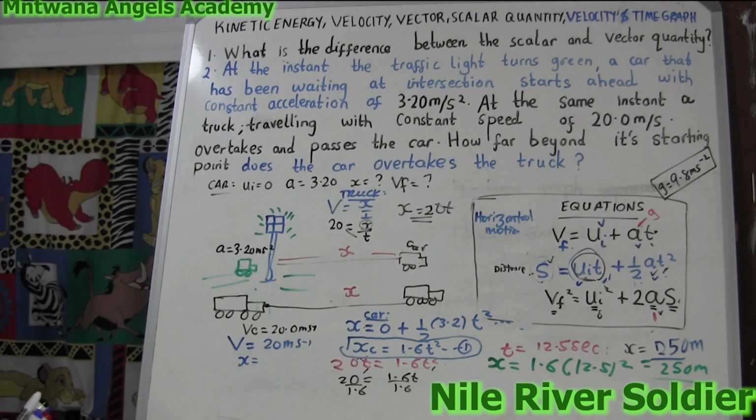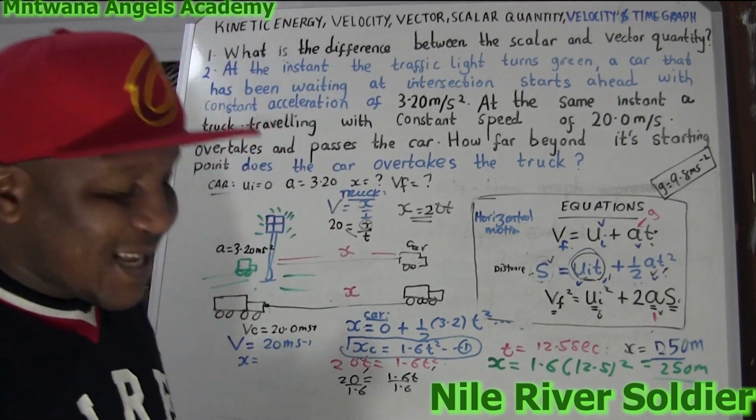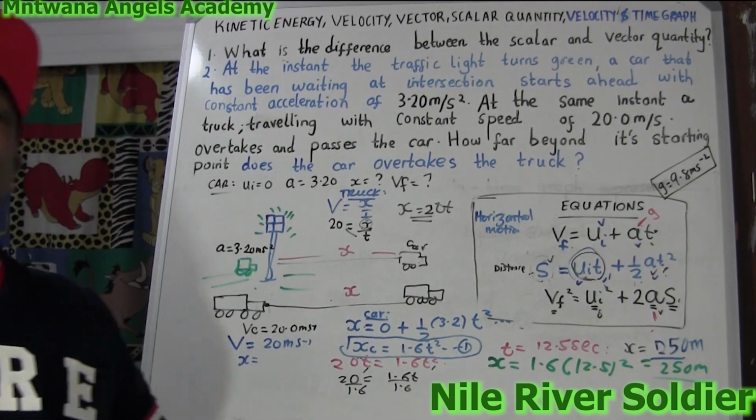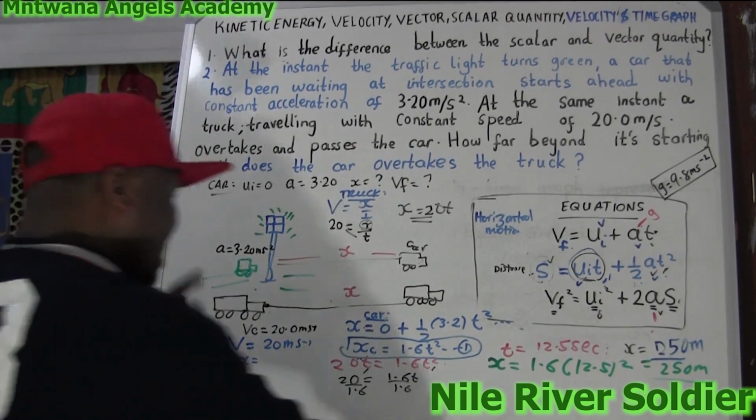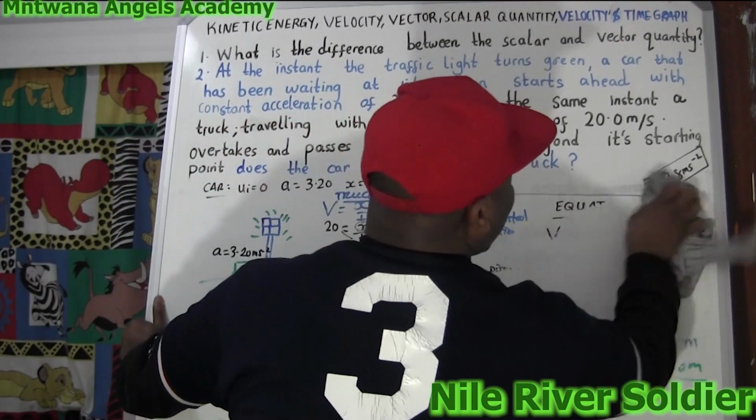Now let's go to the first question, which I think I already said: scalar and vector quantity. A scalar quantity only has a magnitude, but a vector quantity has a magnitude and direction. I can say it one more time.